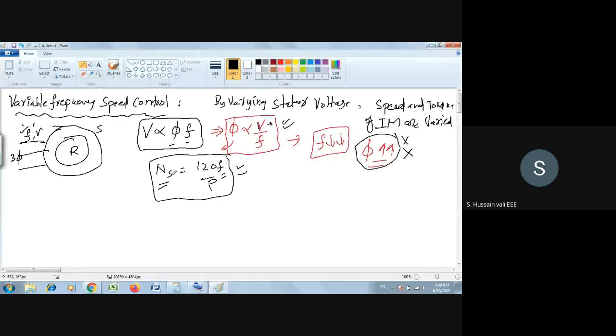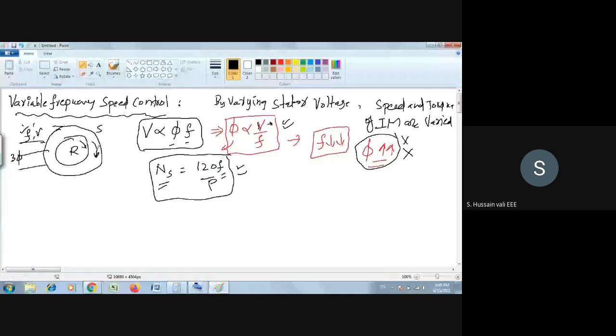Ns is the synchronous speed, or the speed of the rotating magnetic field in the air gap. You know very well the rotor always follows the rotating magnetic field. So if your Ns varies with respect to the frequency, you can vary the rotor speed also. By varying the frequency, your synchronous speed also varies.